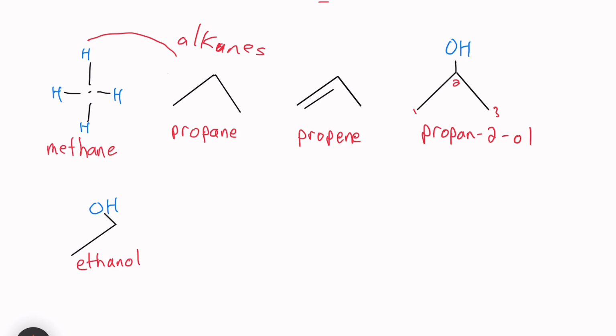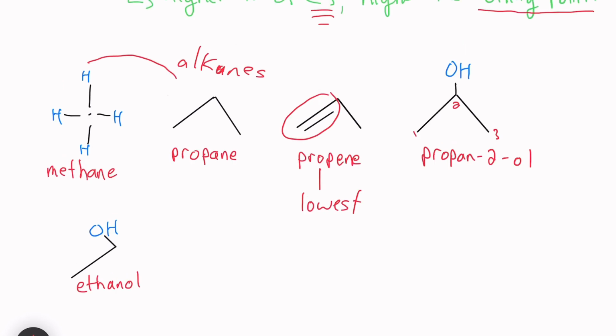Now, here the double bond means that this is a propene, it's an alkene, and that is automatically going to have the lowest boiling point. So when we're listing our boiling points from highest to lowest, we know that propene is going to be at the end. In this case, we want you to list them from increasing boiling points, so from lowest to highest.